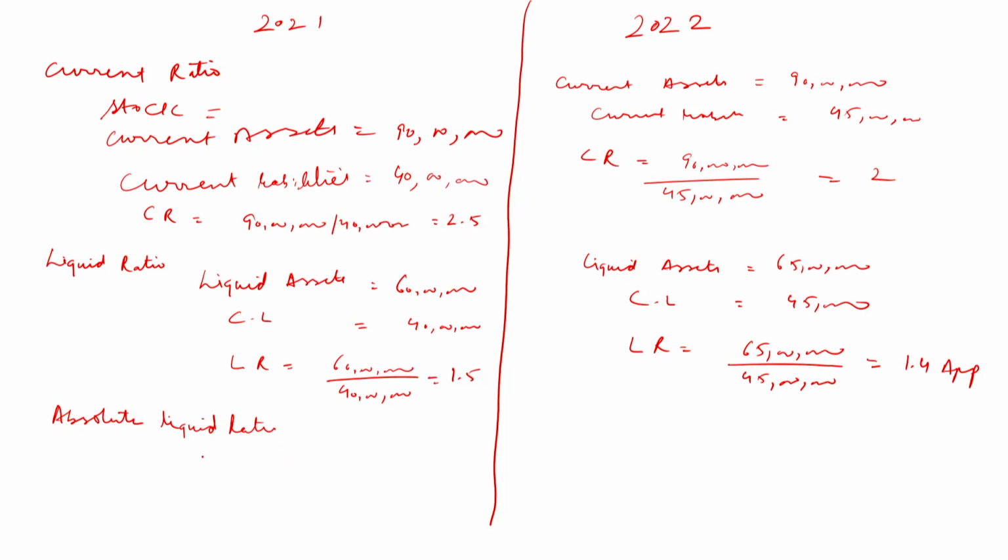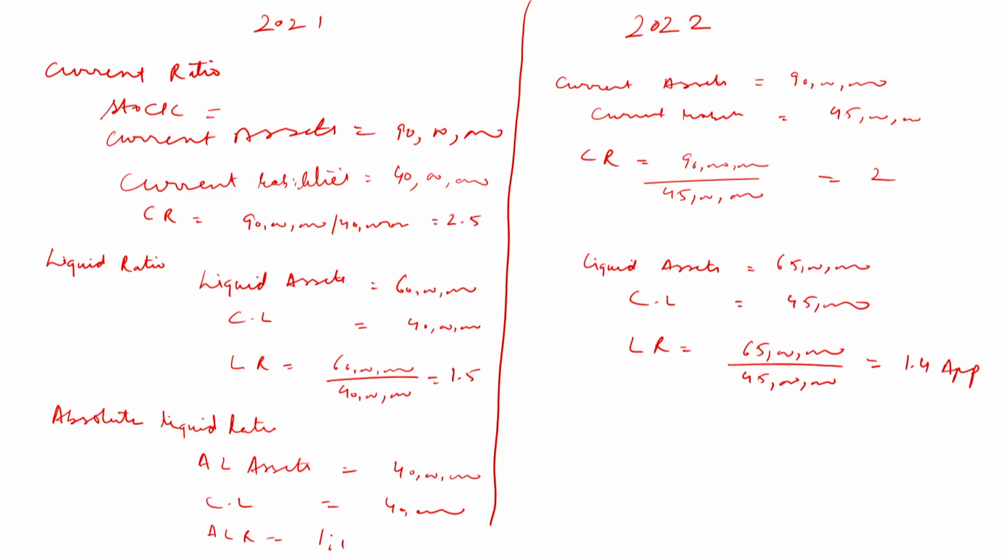So the total of absolute liquid assets comes to 40 lakhs and the current liabilities are also equal to 40 lakhs. So our absolute liquid ratio will be 1:1.